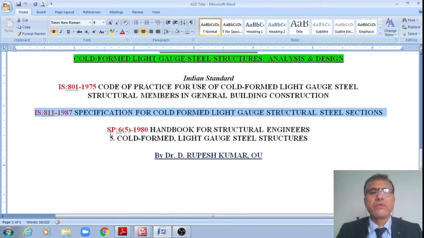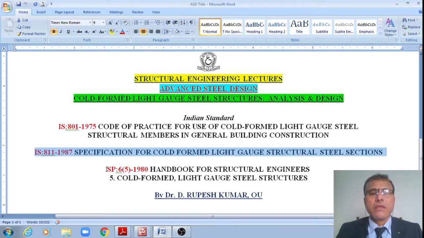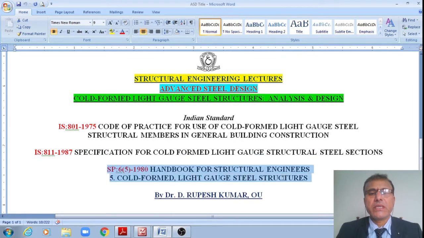In the previous class, we have seen the SP65 1980 Handbook for Structural Engineers number 5, cold formed light gauge steel structures, with the design charts and design tables applicable to light gauge steel structures as specified in or conforming to IS 801 1975.